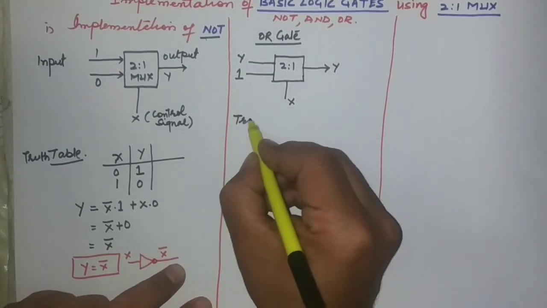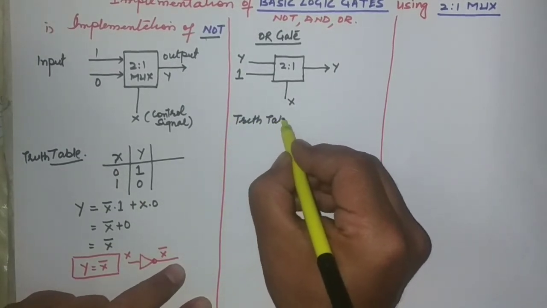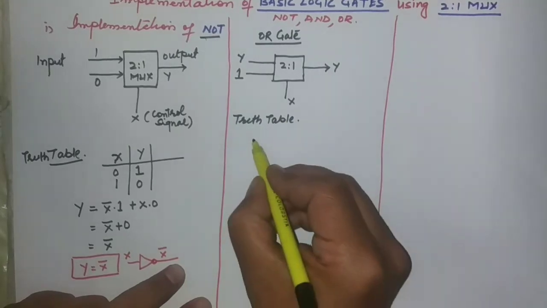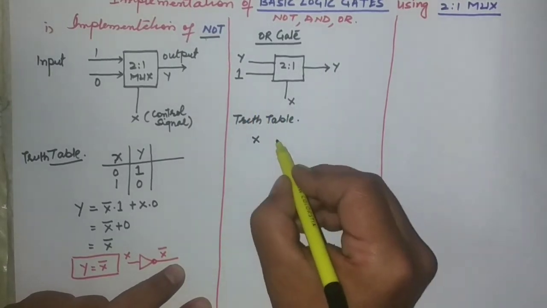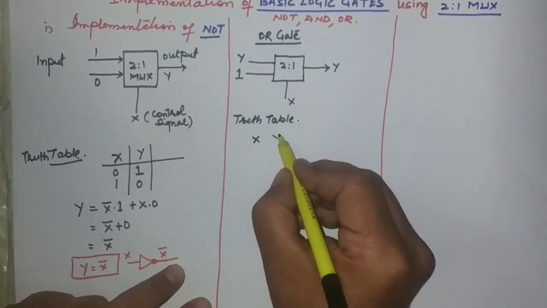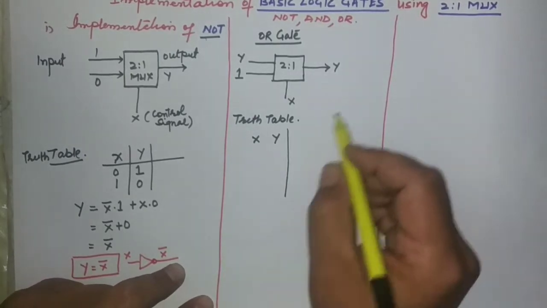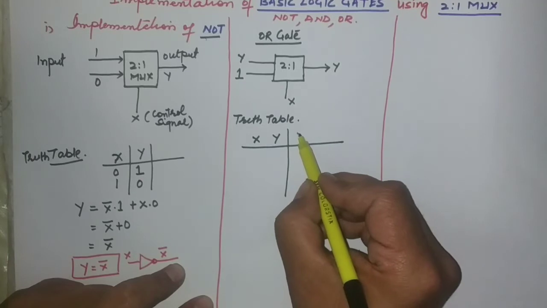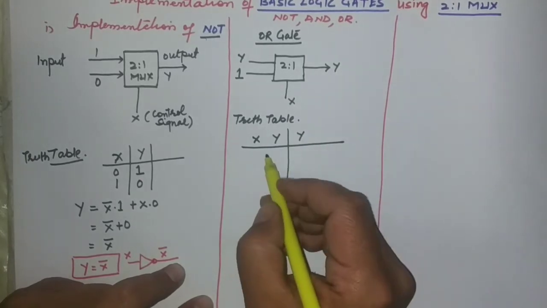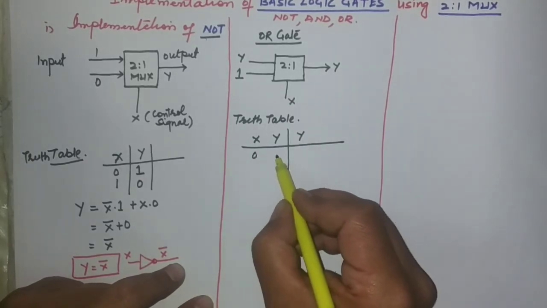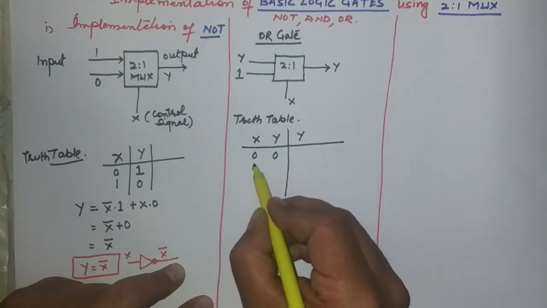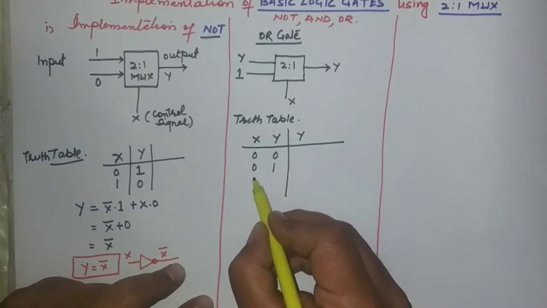Now the truth table. X, Y, and this is the output Y. X can be equal to 0, and these can be two combinations, 0, 1.